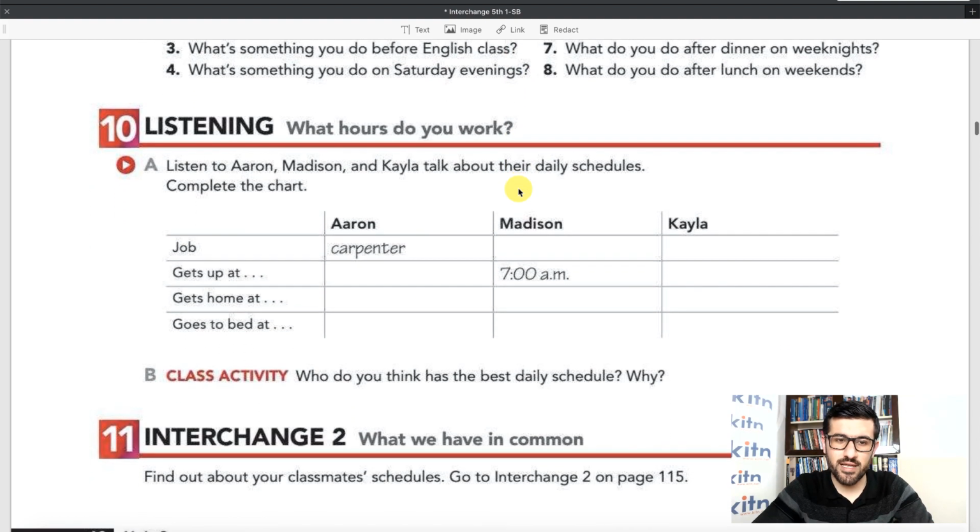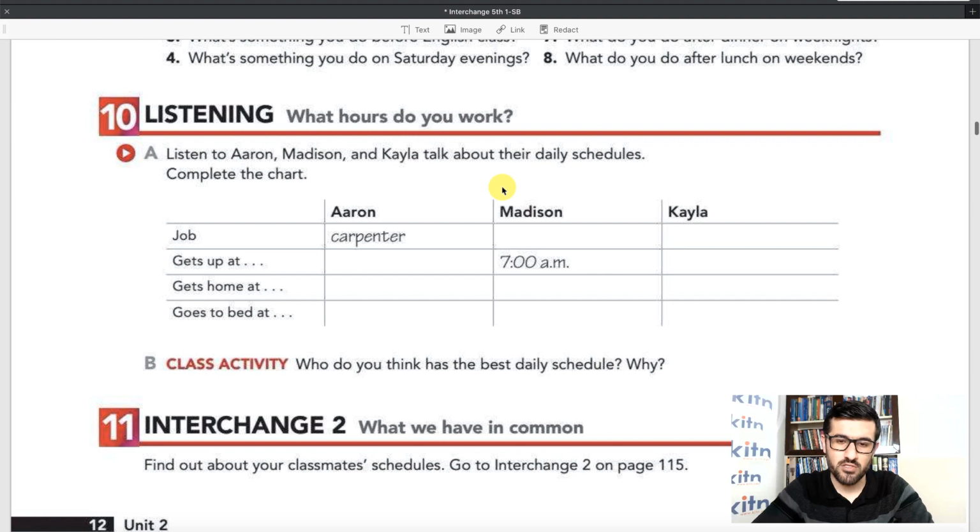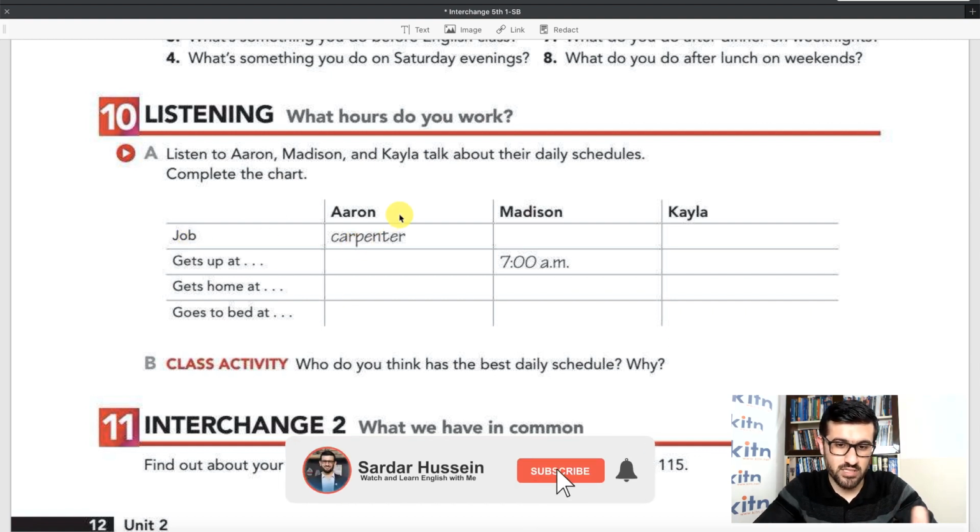So exercise 10, listening. What hours do you work? Listen to Aaron, Madison, and Kyla talk about their daily schedules. Complete the chart. So what you need to do is now you have to listen carefully and fill out, okay, complete this chart, okay? For example, Aaron's job, or what does Aaron do?